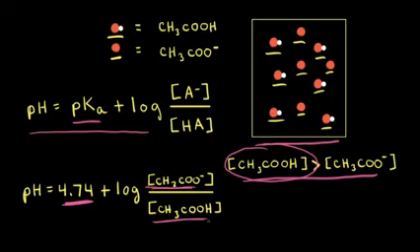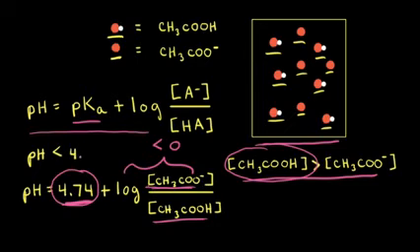So we have a number less than 1. And the log of a number less than 1 is negative. Therefore, all of this would be negative or less than 0. So we would be subtracting a number from 4.74. Therefore, we can say the pH of the solution would be less than 4.74.